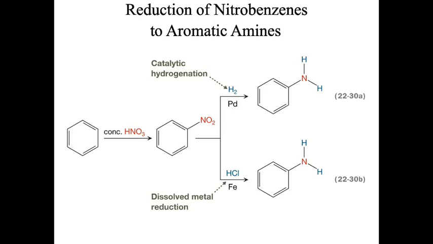It is a dissolved metal reduction, kind of like our Clemmensen. That same kind of process. We don't need to know the mechanism, but we do need to know that it's possible to get there. So we put on the nitro, and then we can do a reduction. That gets us our NH2.